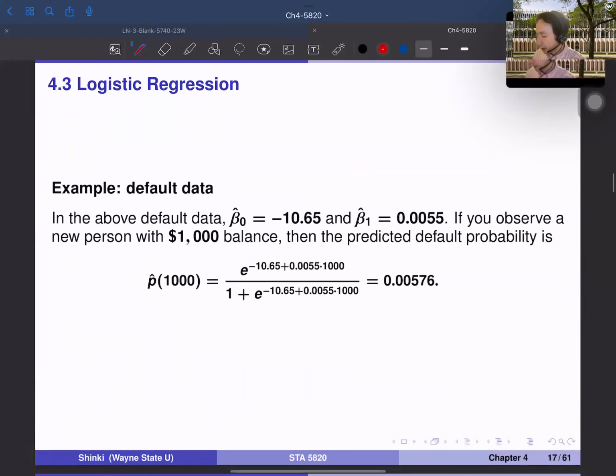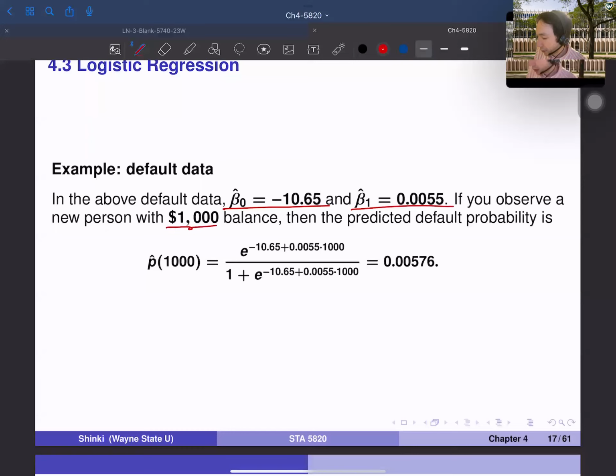So these are our estimates. For example, if we give 1,000 as the balance of a new person, then the default probability is given by this quantity. This becomes 0.00576, so 0.576%. That is, I think, a relatively low risk to default.